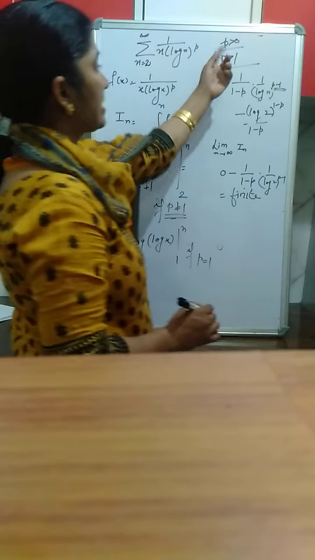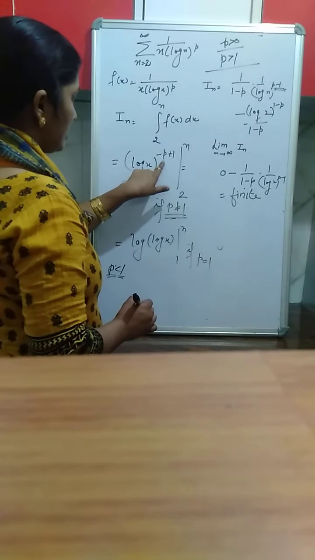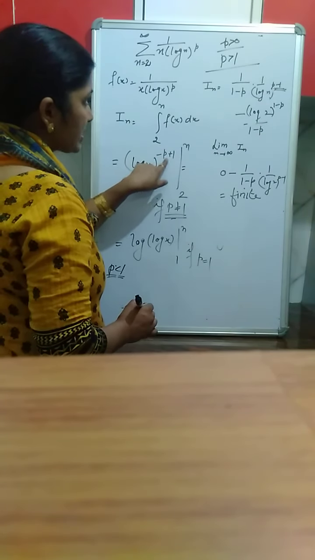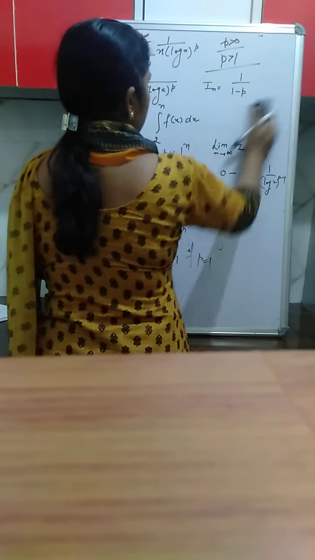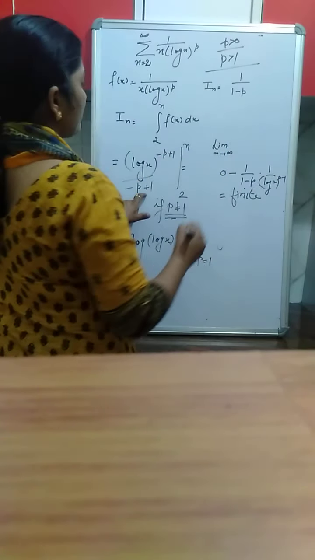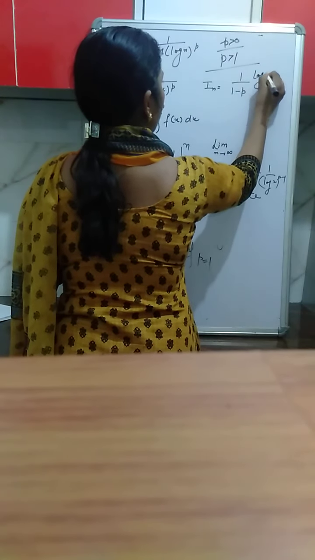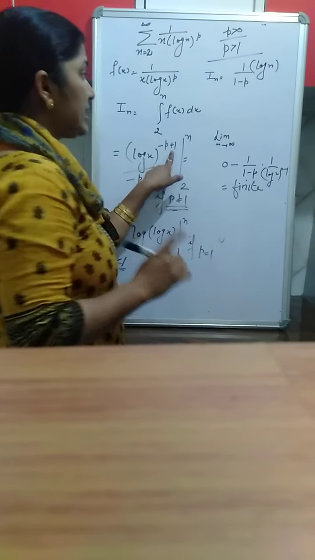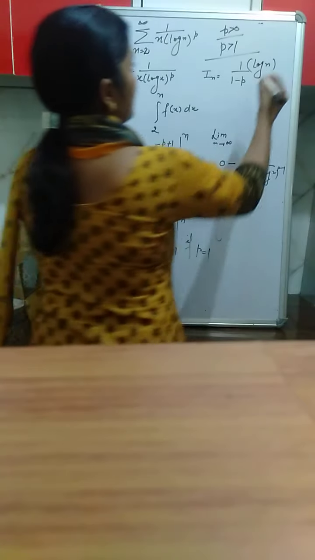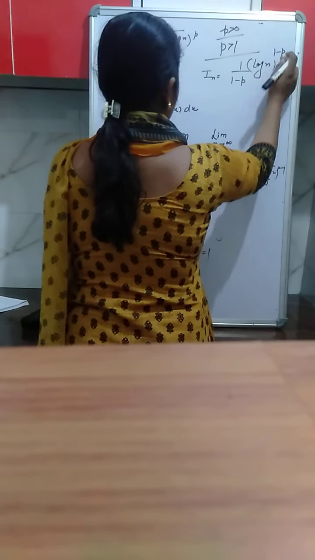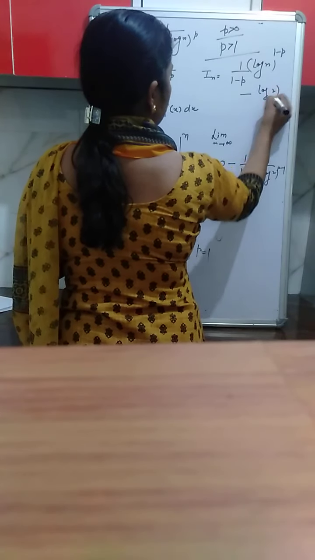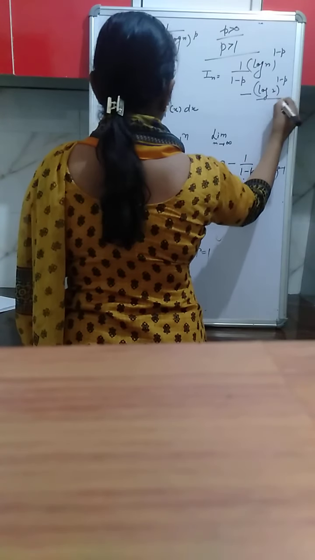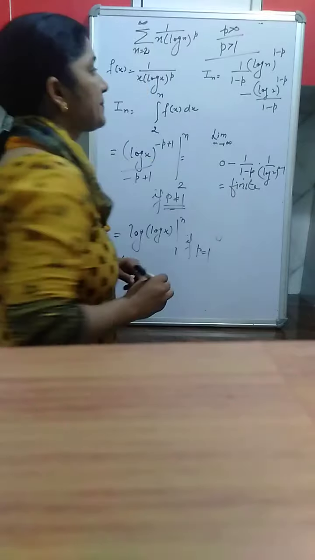Next, we consider the case when p is less than 1. When p is less than 1, clearly 1 minus p is a positive power, and in this case I_n is 1 upon (1 minus p) (log n)^(1-p) minus (log 2)^(1-p) upon (1 minus p).